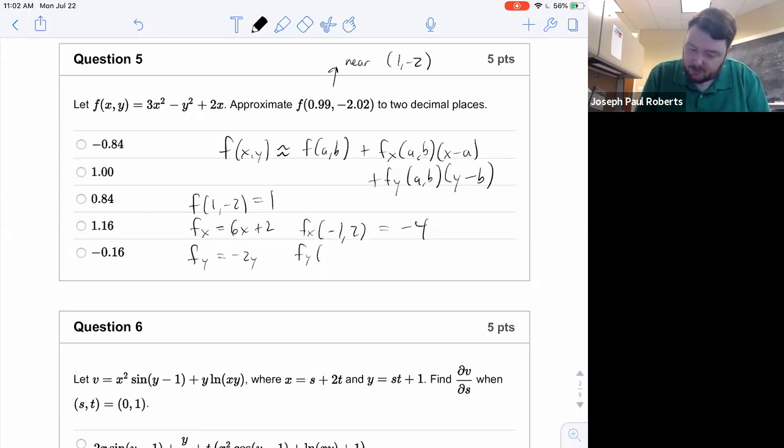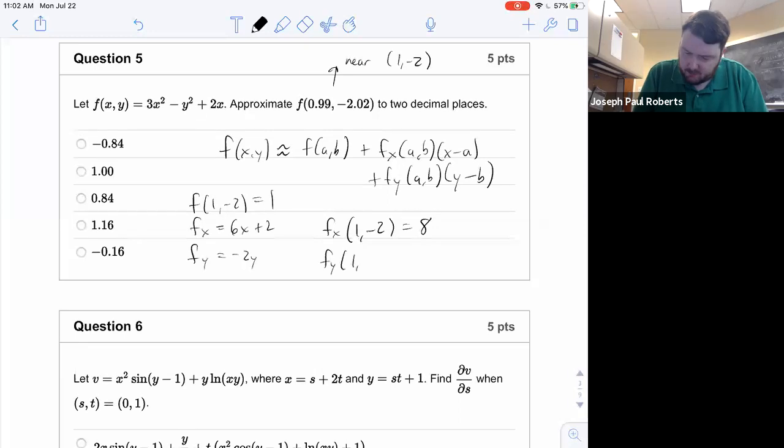The y partial at minus 1, oh, and I'm screwing this. Yeah, sorry. x is plus 1, y is minus 2. So fix that. The x partial at 1, minus 2 is 8. And then the y partial at 1, minus 2 is 4.